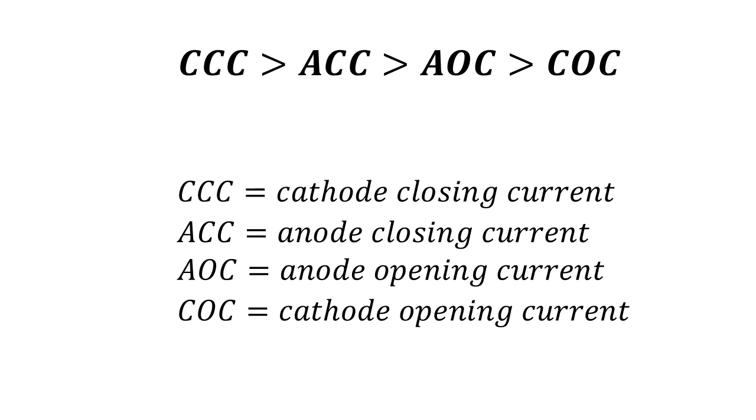If you compare the strength of muscle contraction in each variant, you will find that contraction is strongest with the cathode closing current, and the weakest contraction is produced through the cathode opening current.